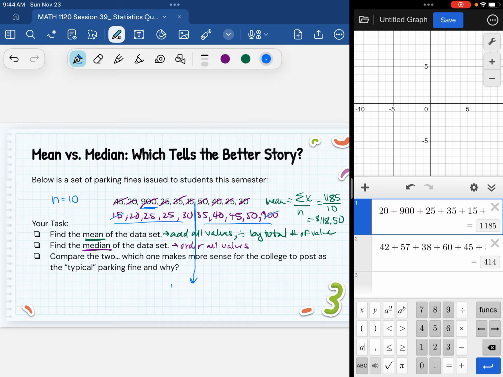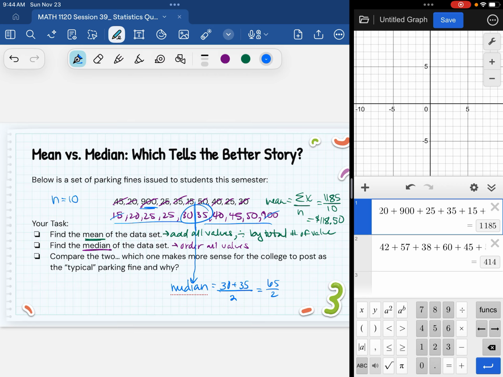That means our median is the middle of 30 and 35. I know it's going to be 32.5, but just to show you in case you want to work it out like that, is taking the two middle values, 30 and 35, and finding the average of those.